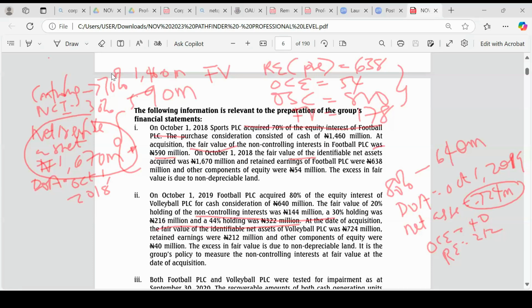Now they said it is a group policy to measure non-controlling interest at fair value at the date of acquisition. All right, I'm going to do something similar there. I don't have a problem with the first two pieces of additional information they have given. Do we understand everything I have said?